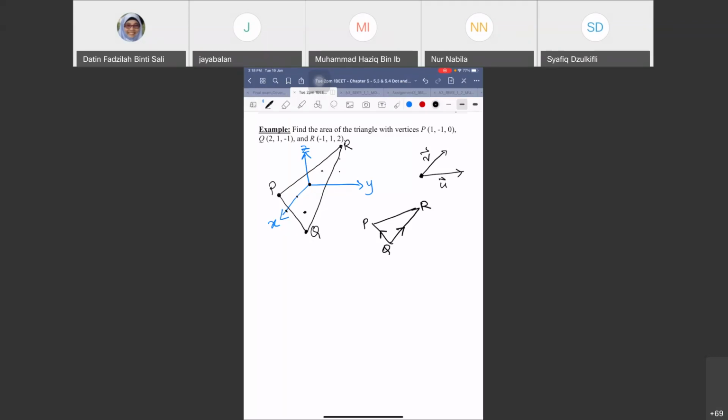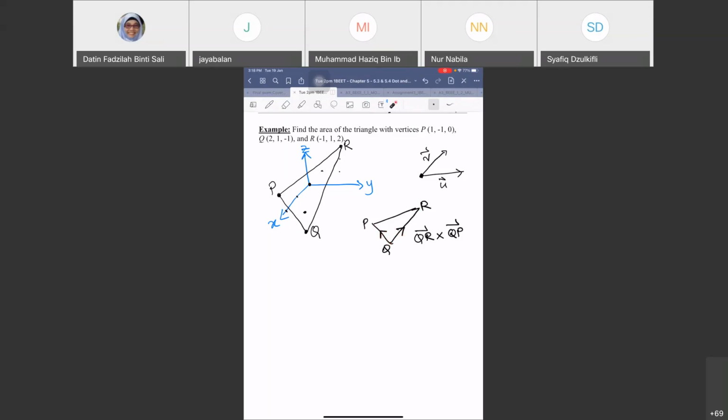That means you can say QR cross QP. This is one possibility. So QR means this direction, QP means this direction. They have the same initial point, they coincide.